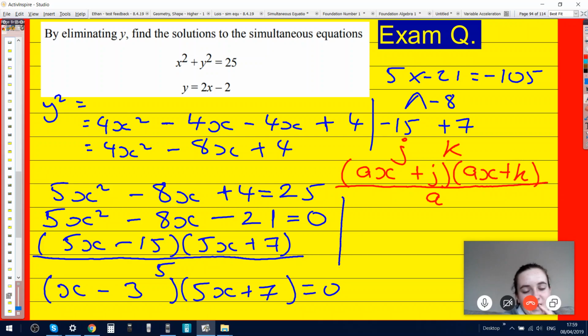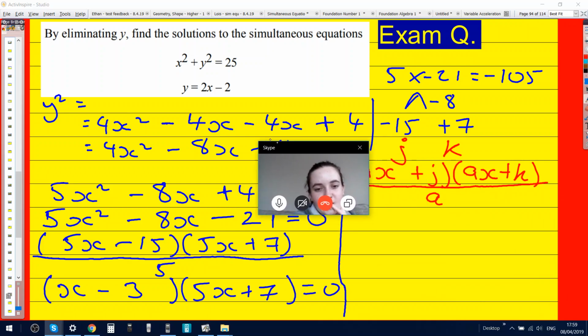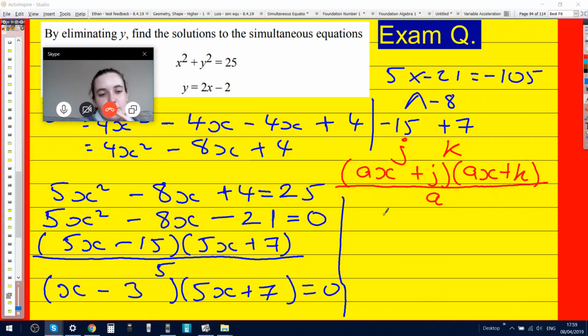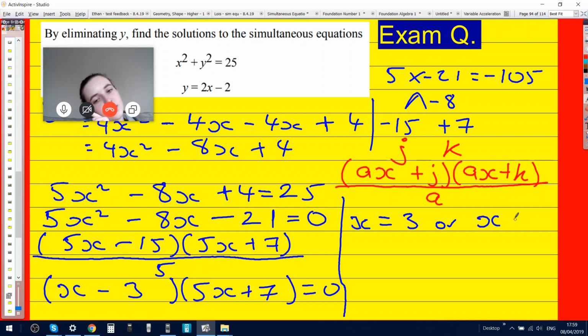Solve for x. X equals 3 or x equals minus 7 over 5. Yeah. And that's like 1.4. How do we get y?